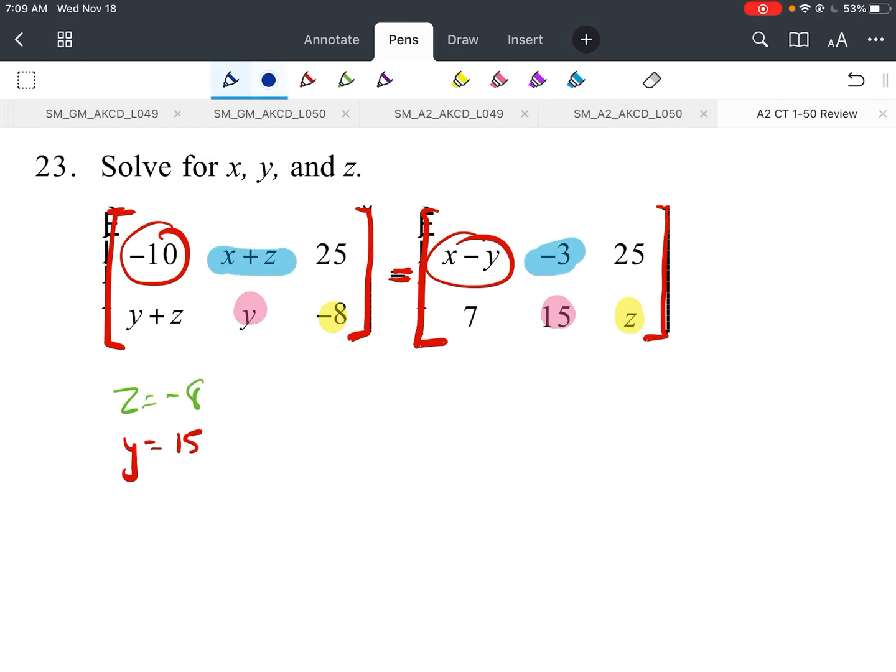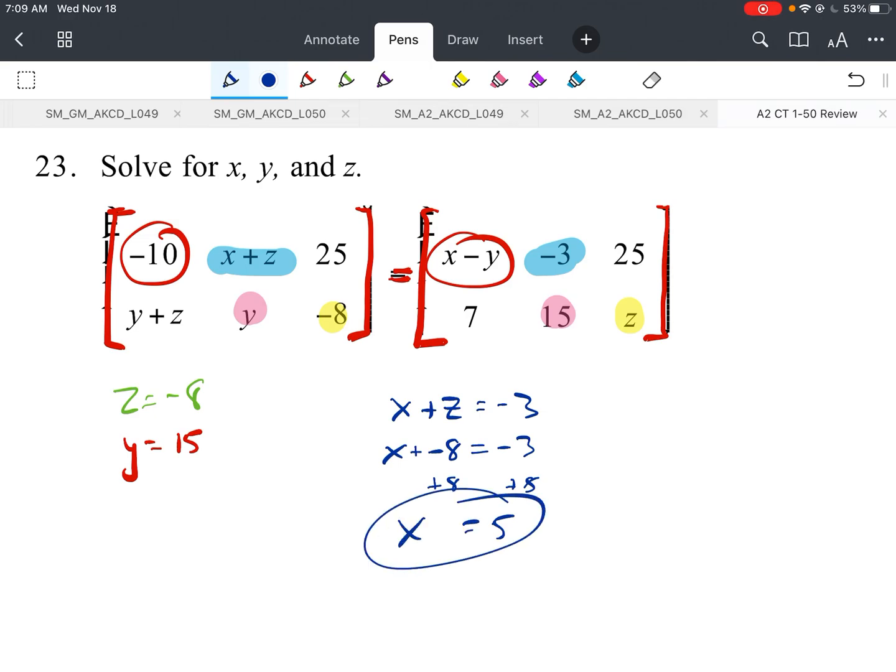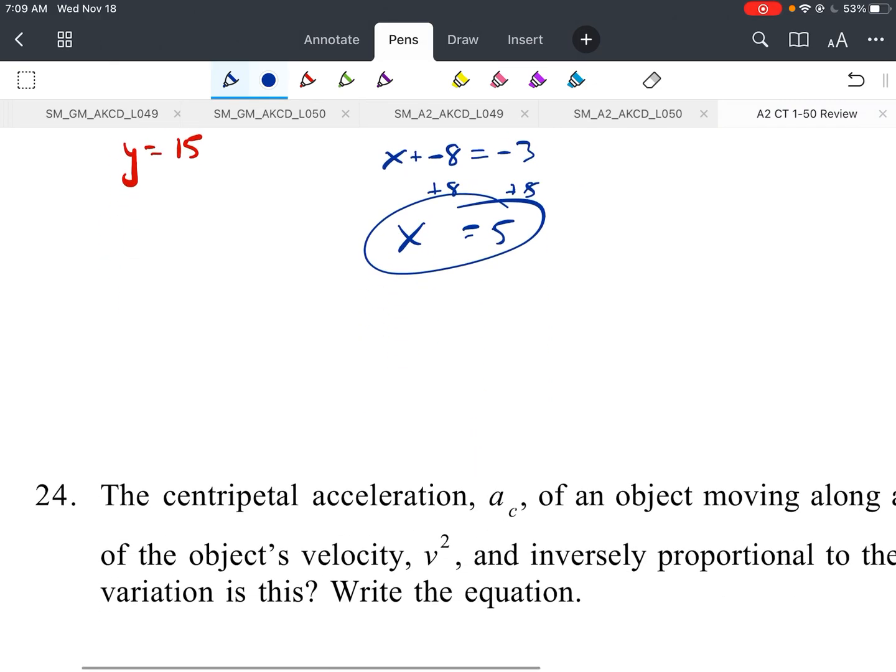Or you could use the other one. Doesn't matter. But you know z is negative 8. So we'll add 8, and I get 5. Okay. So, not too bad. These aren't supposed to be too hard.